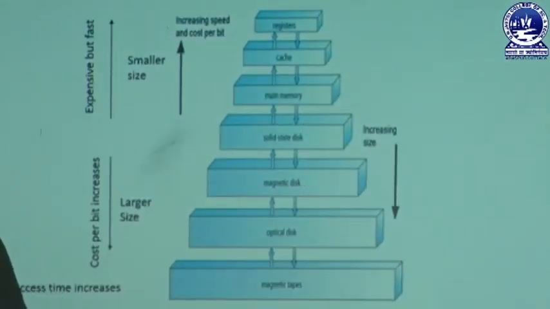Now I talk about the main memory, that is your RAM. Remember, main memory is your random access memory, your RAM is your main memory. So what are the functions of main memory? Remember, anything that you store in your computer gets loaded to your main memory.